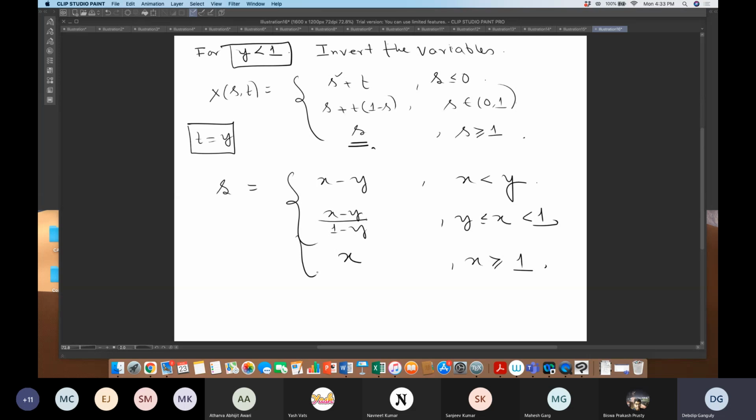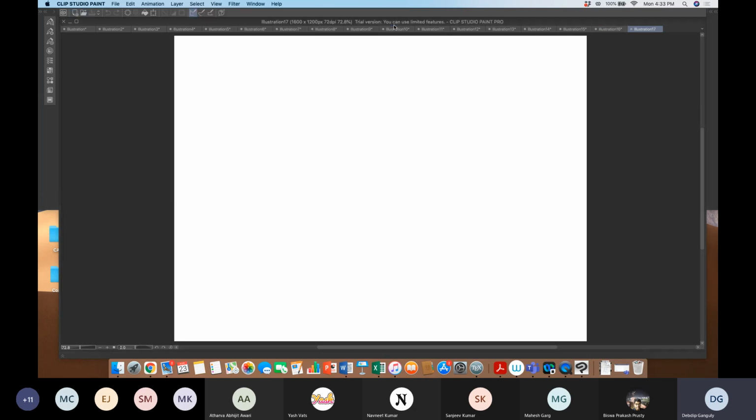This is s. Now the solution for y less than 1, I have inverted the variable for y less than 1. So the solution: z equal to h of s. So s is 1.